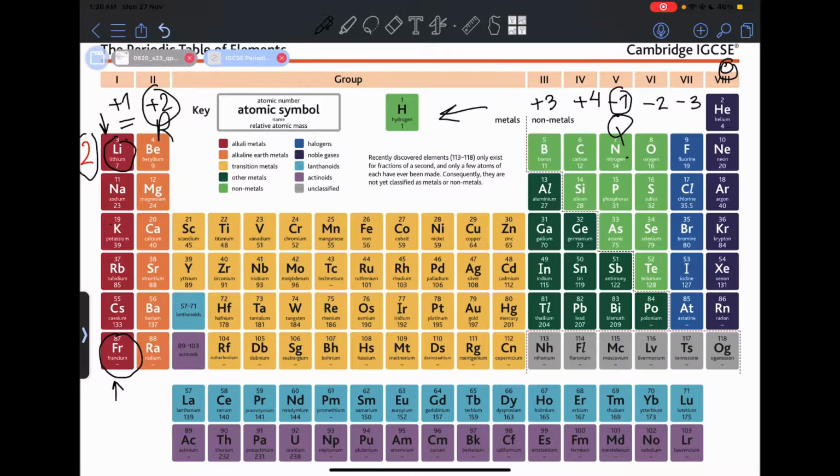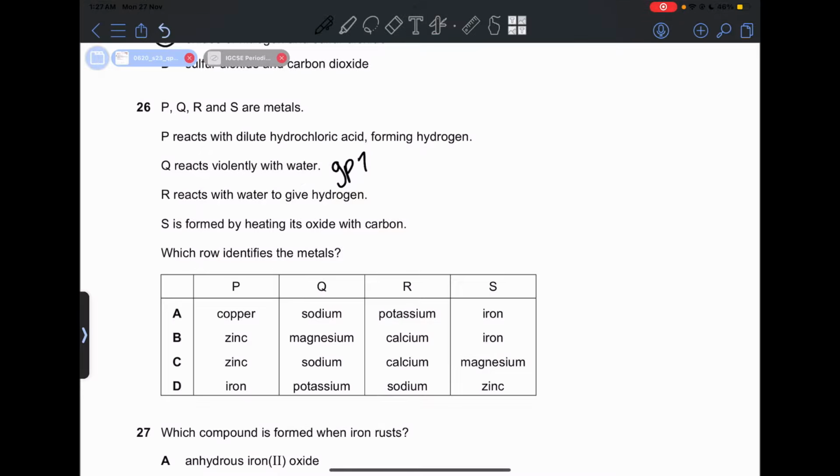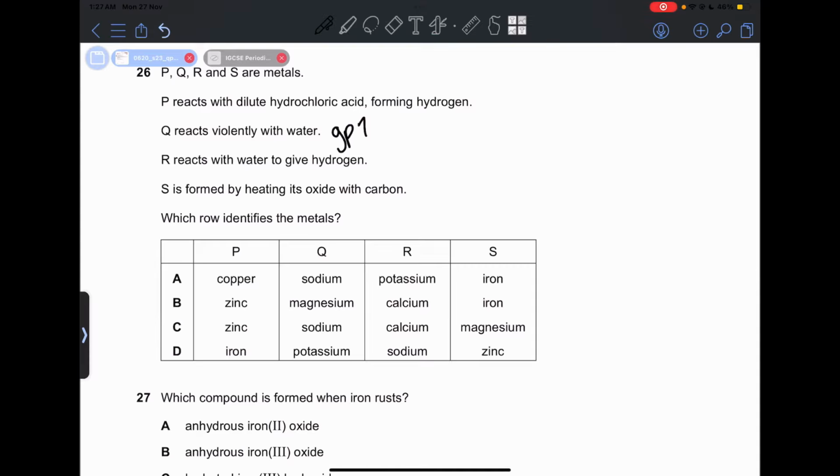They react violently, but potassium has a higher reactivity compared to lithium and sodium. So if we have, for example, potassium, it's going to be much better than if we have, for example, lithium or sodium.